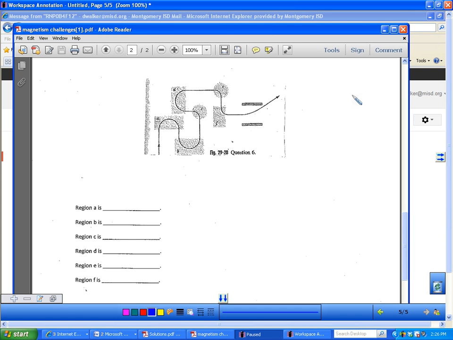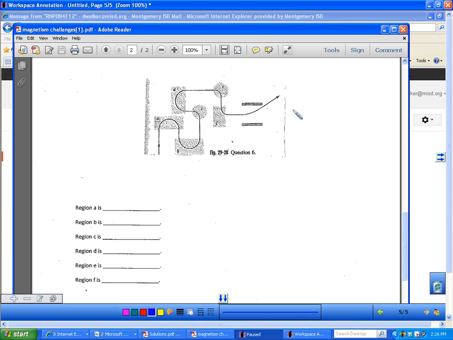Okay. When I looked at this one, I said, okay, well, let me see what's going on. Looks like I have some parallel plates here, and my particle is attracted in that direction. So I'm going to see if I can figure out which side is which, because that'll help me to know whether I have a positive particle or a negative particle. So I'm going to use the right-hand rule to talk about that.